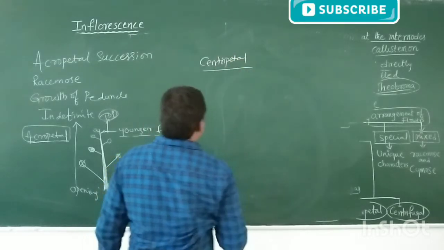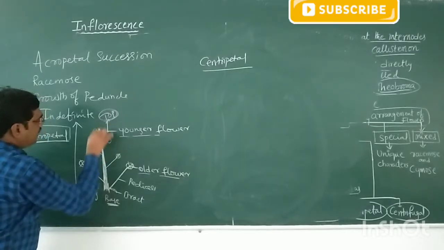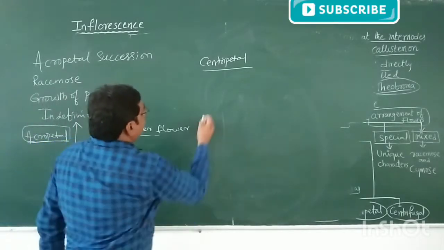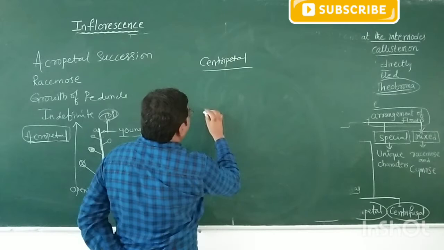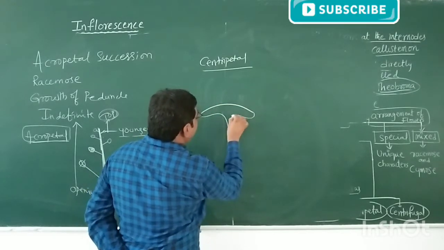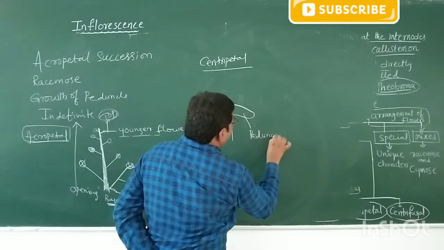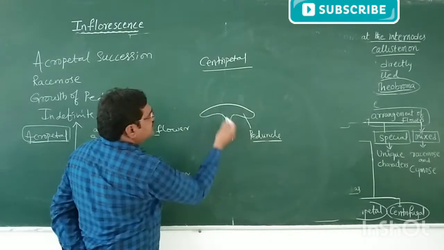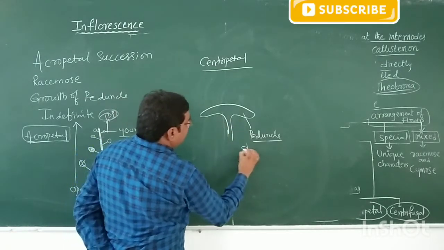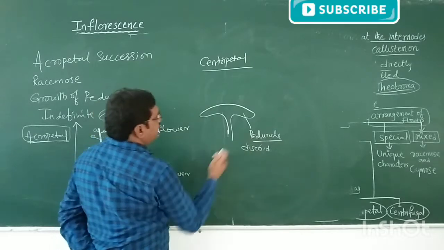Centripetal means the growth of the peduncle is indefinite. Here the peduncle is condensed to form a discoid shape. This is the peduncle, condensed to form the discoid shape.